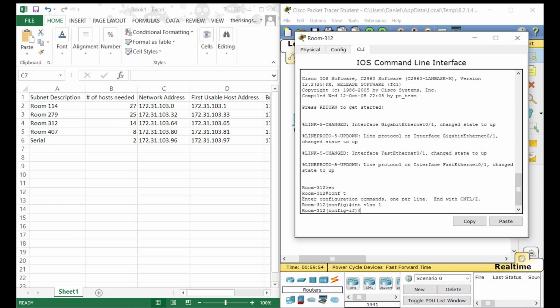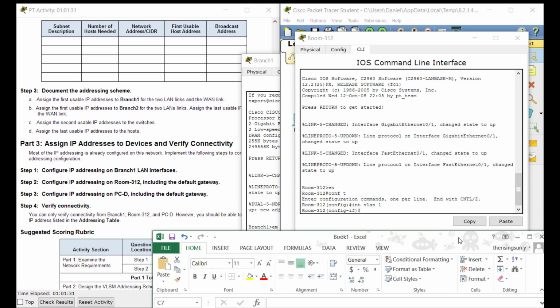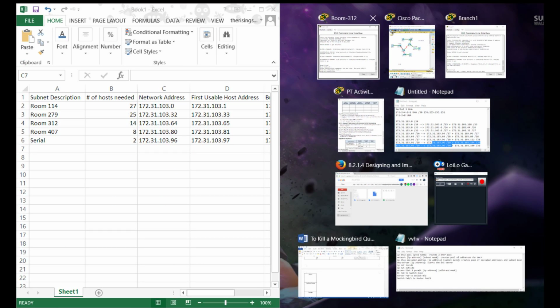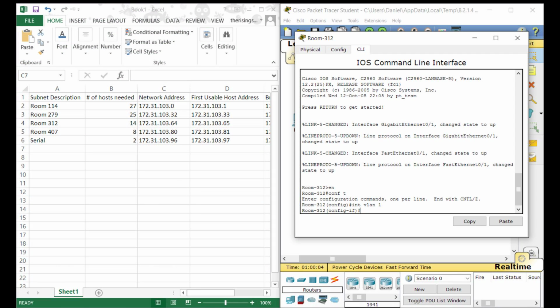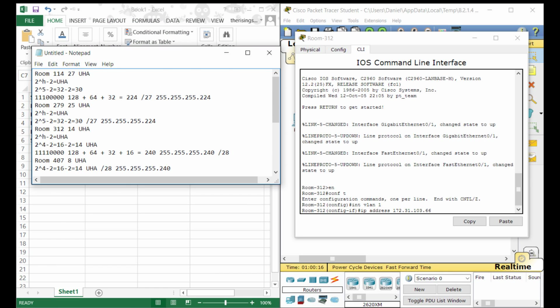This is 312, so using the second, I believe the second usable IP address, we'll type in the command ip address 172.31.103.66 and then subnet mask, which is 255.255.255.240.